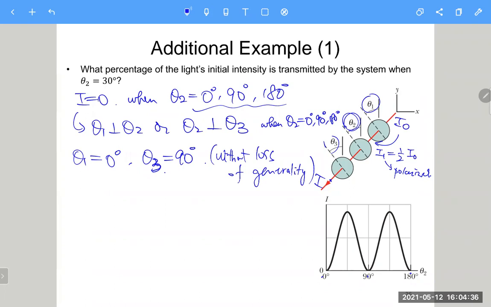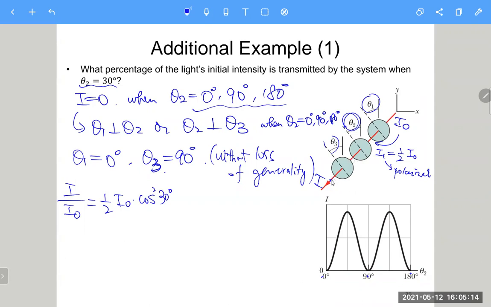So in this case, we can try to calculate, let's say I over I0 should be, for the first stage, I1 is 1/2 I0. Now we would like to calculate the I when theta 2 is 30 degree. So now theta 2 is 30 degree, theta 1 is 0 degree. So we need to multiply by a cosine of 30 degree square. And then for the next stage, so this is the intensity at this point.